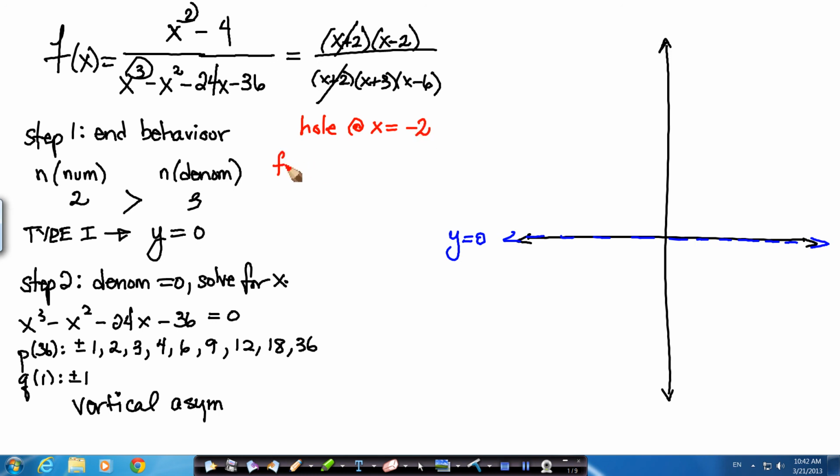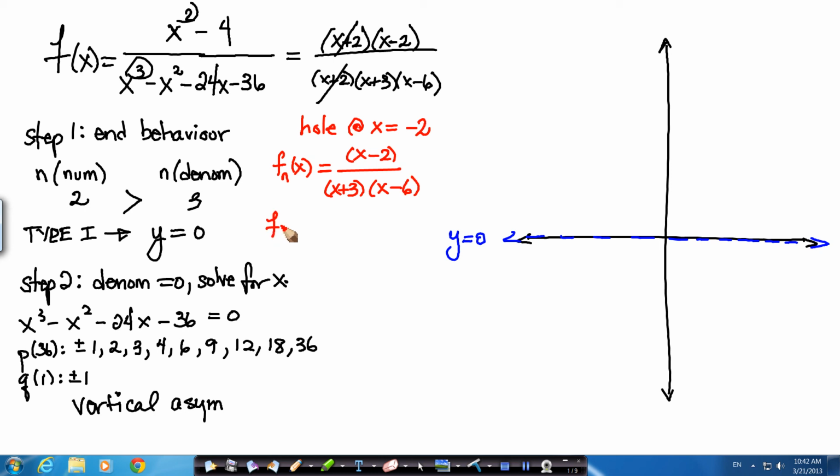So our new function looks like x minus 2 divided by x plus 3 times x minus 6.